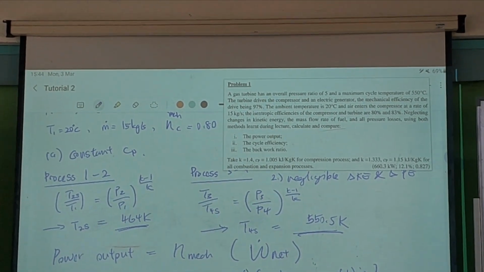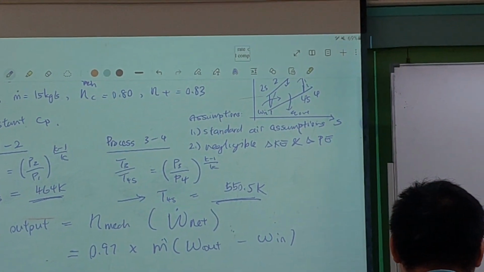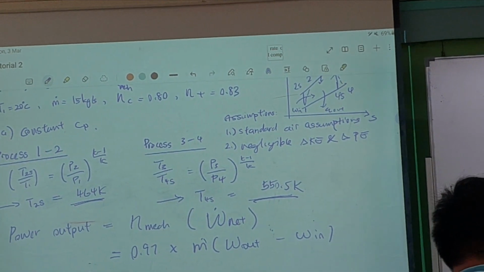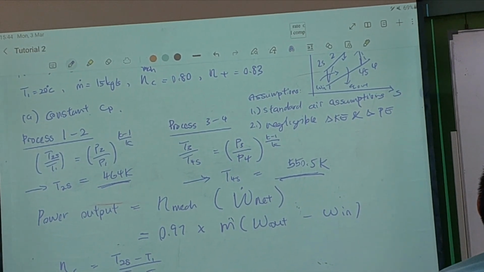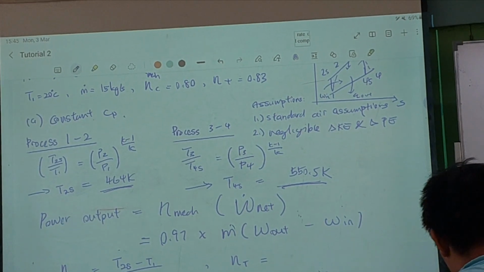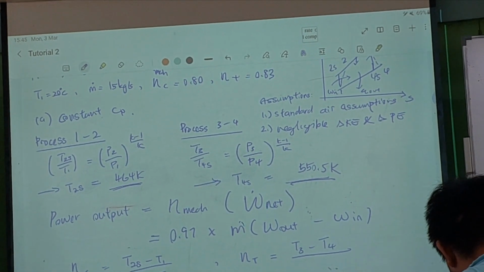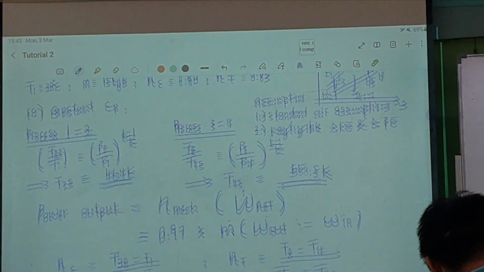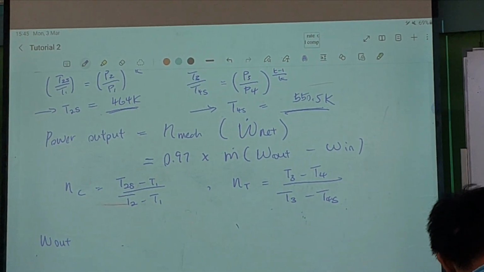Since we know that the isentropic efficiency of the compressor is simply (T2s minus T1) over (T2 minus T1), and for the turbine it is (T3 minus T4) over (T3 minus T4s), technically you can just calculate work out and work in this way.